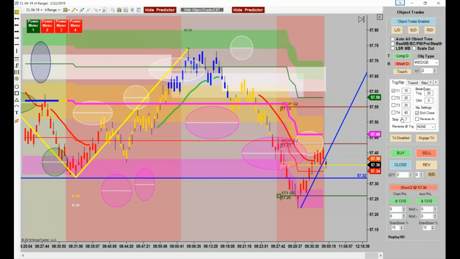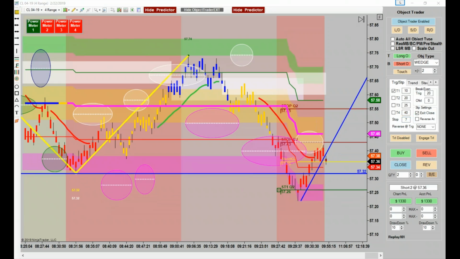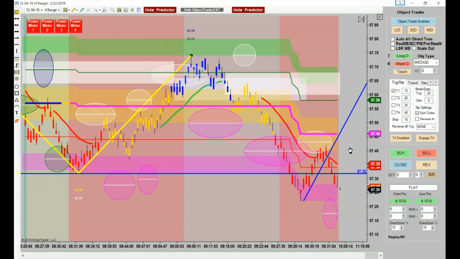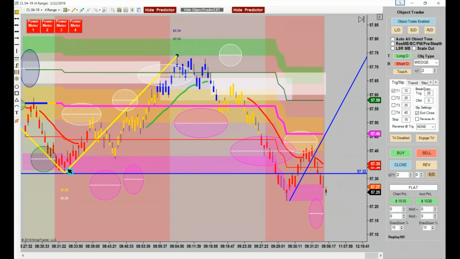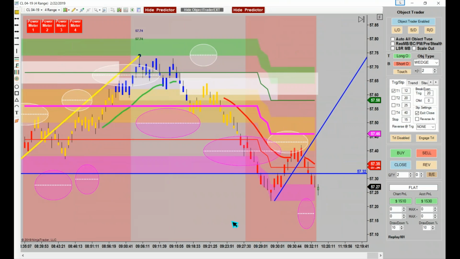Got our stop in, we're good to go. And let's see if that trade actually did anything. There you go. You got your 10 ticks. See how that works? Now, you can scalp these things all day long if you want to, by the way.